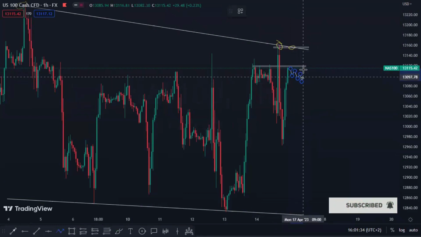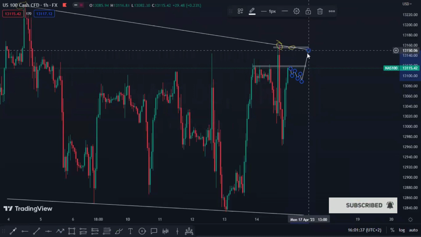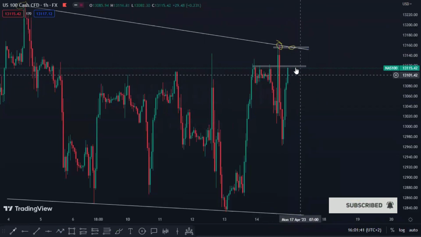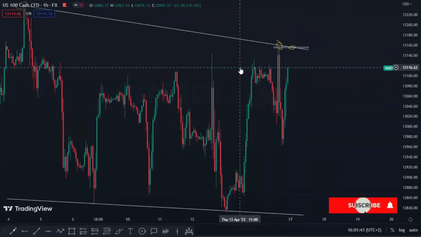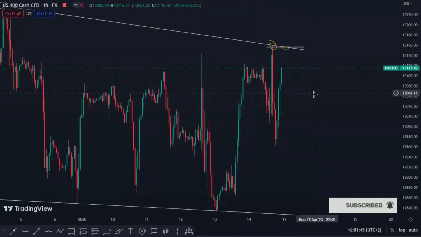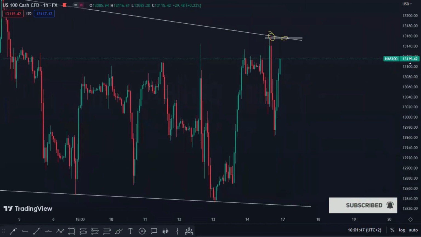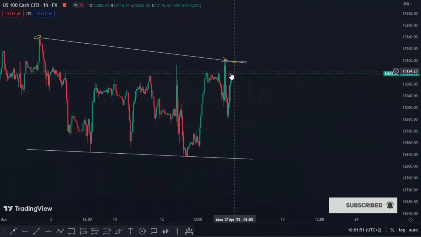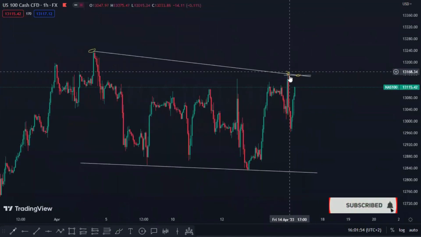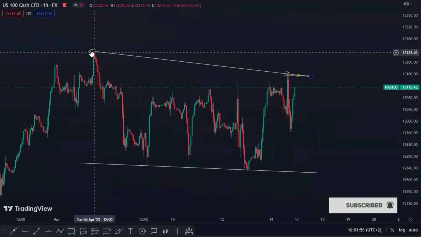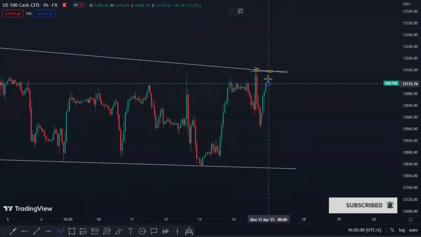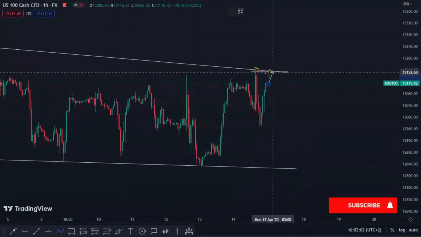I'm gonna enter upon the third touch of the pattern, or based on the candlesticks and candlestick formations and things like that. Nonetheless, on US 100, probabilities-wise, I would look for buys, but I can't say long-term buys because we haven't yet broken out of this bullish flag. So I'm just gonna wait and see how price reacts when it reaches this level.